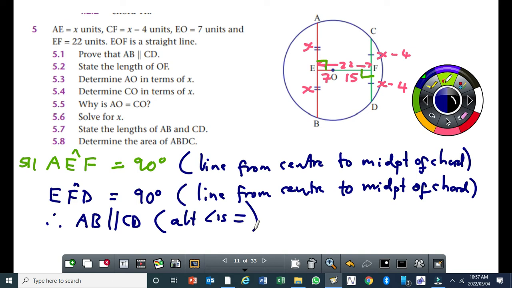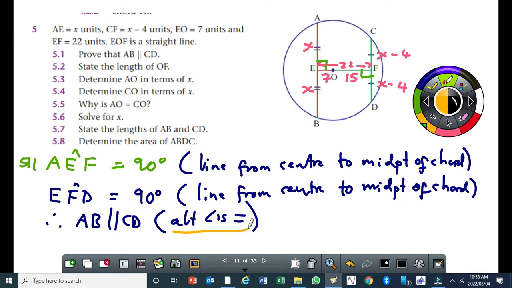All right. Can I have your attention? For this question, please be aware that if it was a test situation, the question is, prove that AB is parallel to CD. You have to give a reason why you are saying those two lines are parallel. I said I'll do it using alternate angles. The way that you did is correct. You said AE is perpendicular to EF, and EF is perpendicular to CD.